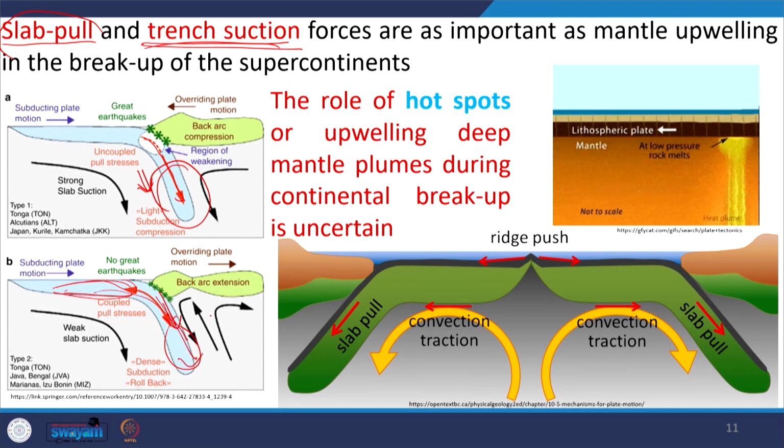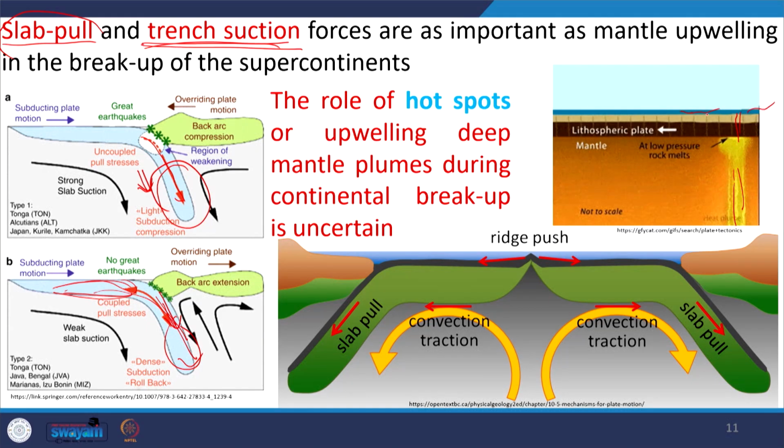The role of hotspots, upwelling and deep mantle plumes during continental breakup is uncertain. This is the hotspot system, and we know the hotspot magma is derived from the D double prime layer. It is a high velocity magma coming from deep inside, from the core mantle boundary, and once it comes up, without much affecting the surroundings, this magma is placed here as a hotspot.